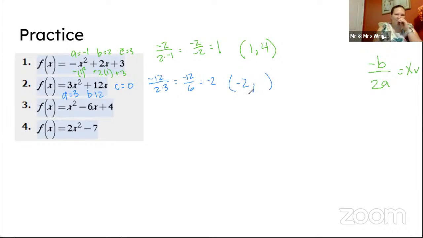And then let's plug -2 into our equation. We've got 3 times... in this case, you definitely need to have the -2 all together inside the parentheses, right? You have to keep that negative paired up because you're plugging in the negative. -2 squared plus 12 times -2. This is what I'm going to enter into my calculator.